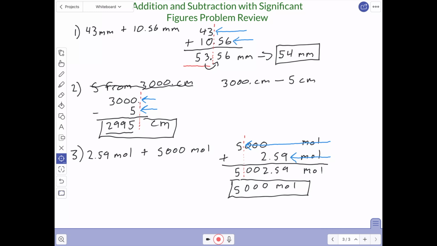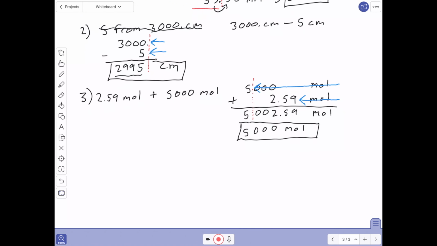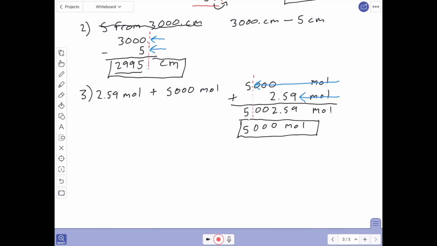All right, one more problem. Let's scroll up. All right, so now we're going to add 420 meters and 505 meters.